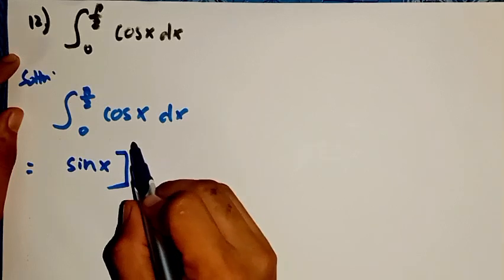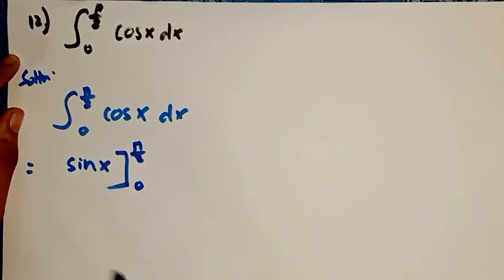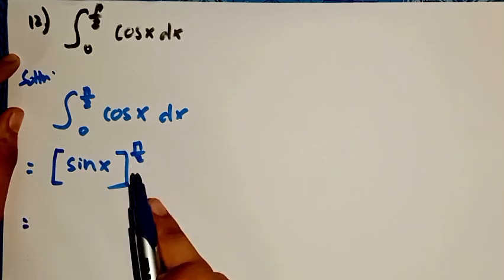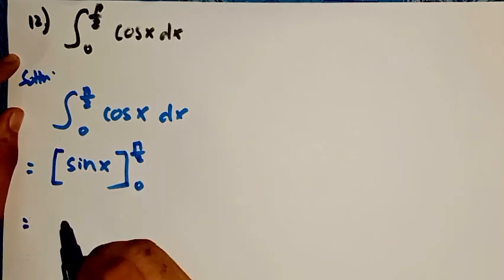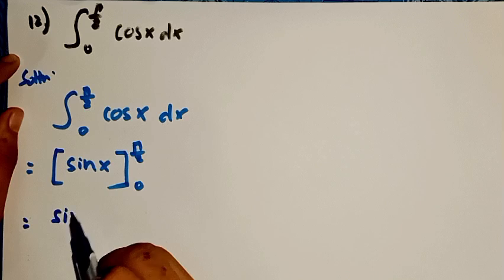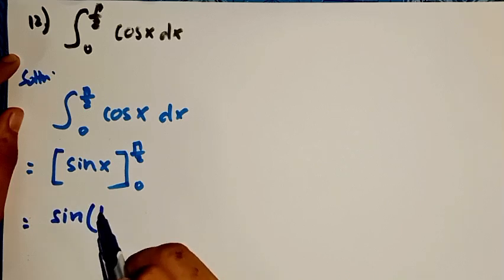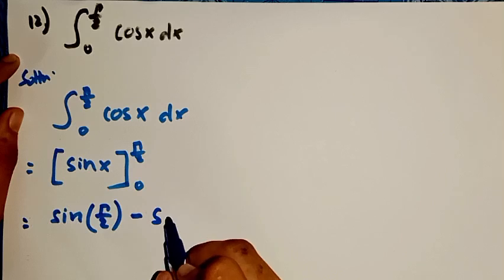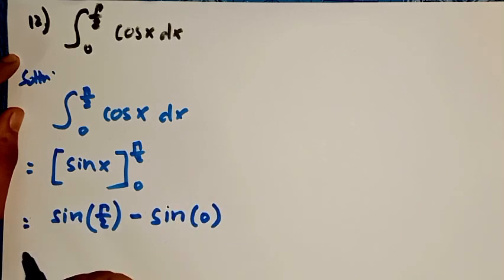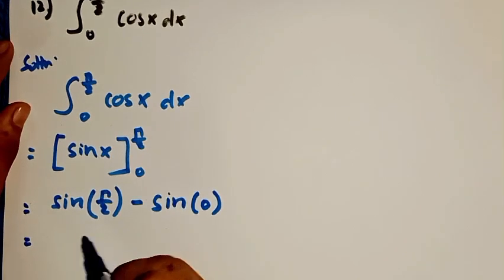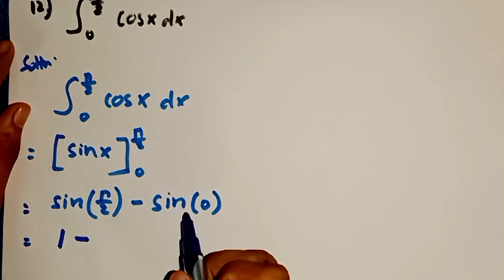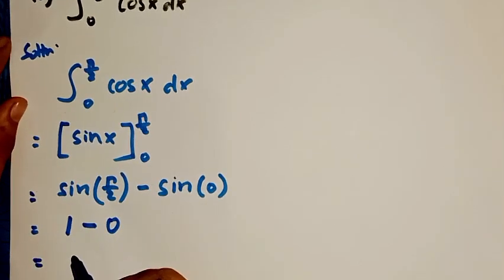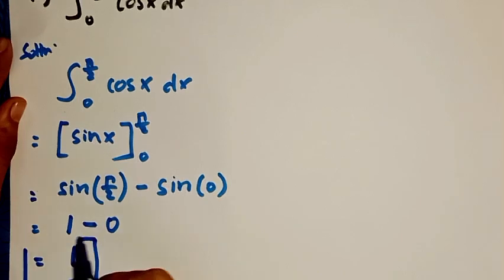Now, let's apply the upper and lower limits. To find the exact value, we subtract the lower from the upper. Therefore, sin of pi over 2 minus sin 0. Sin pi over 2 is equal to 1, and sin 0 is equal to 0. Therefore, 1 minus 0 is 1. This is now the value.